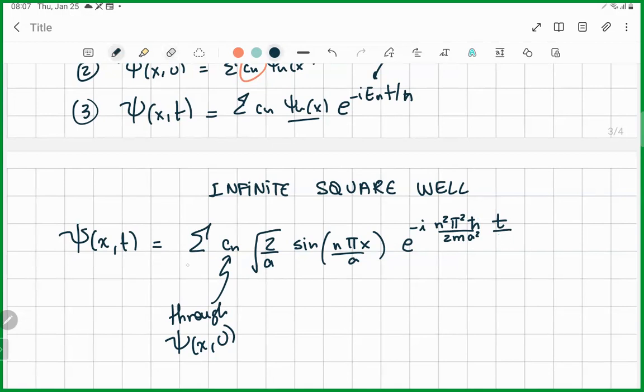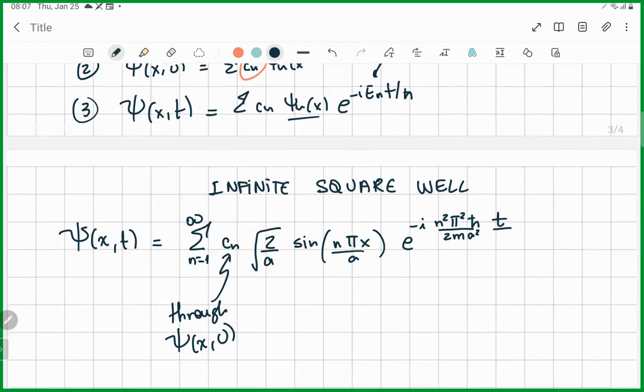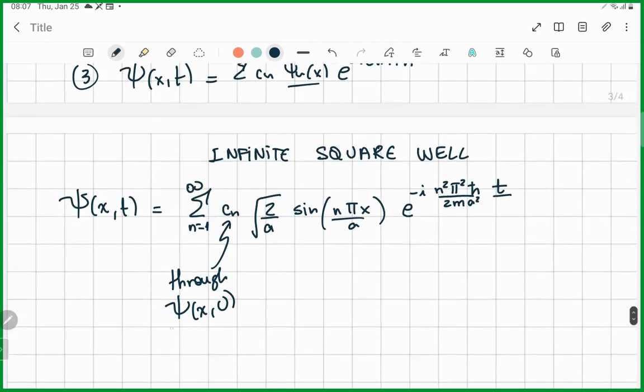And this sum goes from n equals 1 to infinity. That's the solution. All that we need now is this initial state, so then we can find this final answer. Now we'll be solving problems where this is given to us, and so we can find the total wave function. Okay, so this is the end.